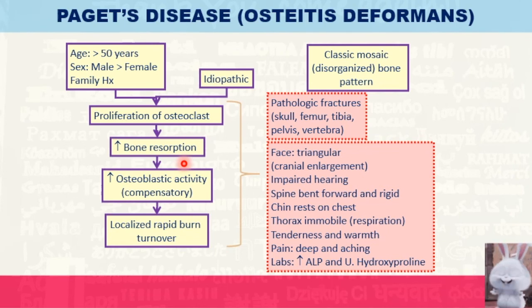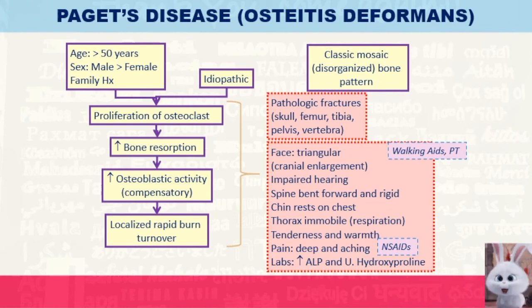And then there will be tenderness and warmth, and pain which is deep and aching. The pain, which is deep and aching, is actually related to the thickening of the bone. The laboratory would reveal an increase of ALP and an increase of hydroxyproline. If your patient is manifesting pain, we have NSAIDs.